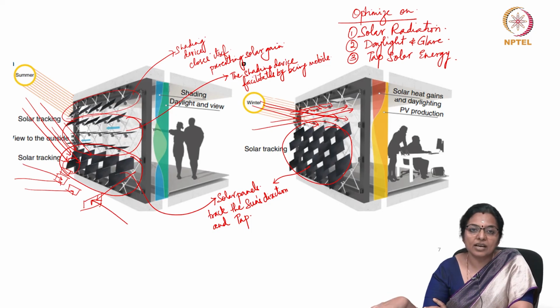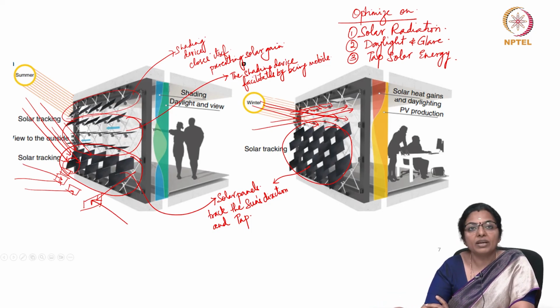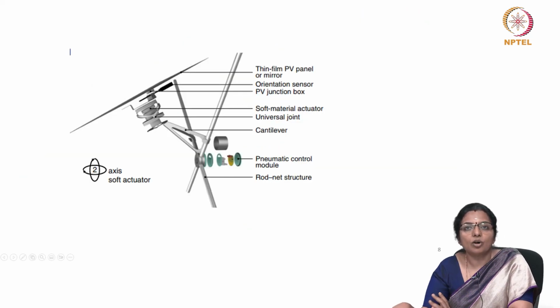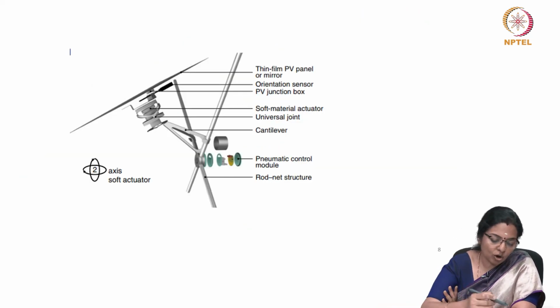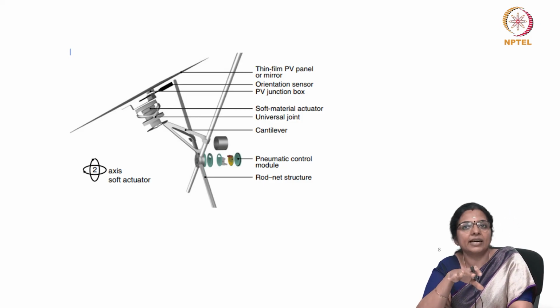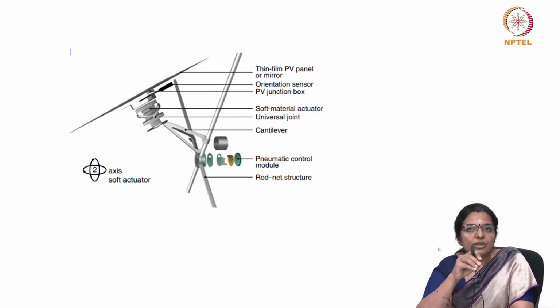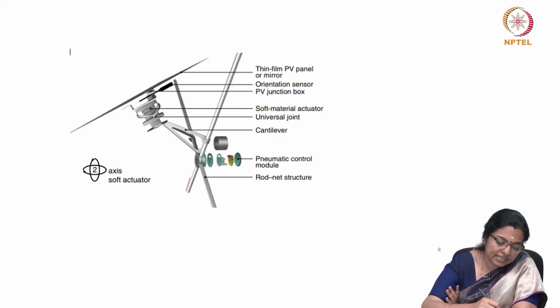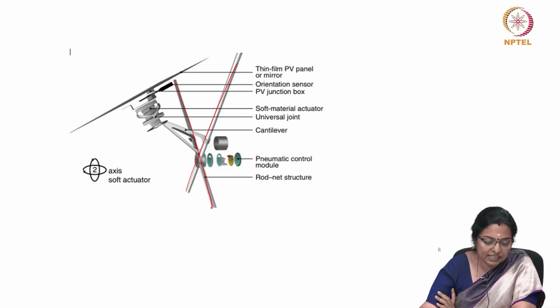So, this is how dynamic facades will function, and accordingly you have small motorized or small mechanical systems which will facilitate it. The building envelope will consist of individual modules which will be mounted on rods like this, which you have seen in the previous slide.